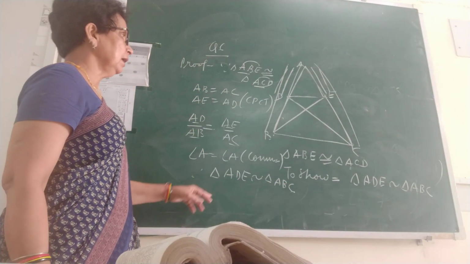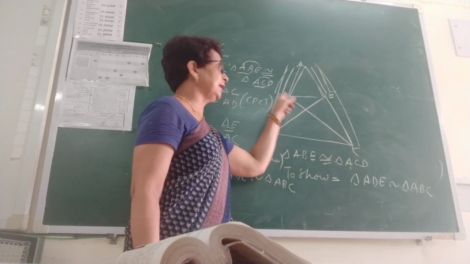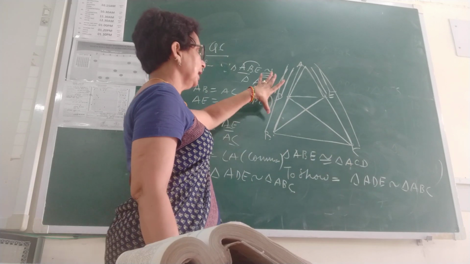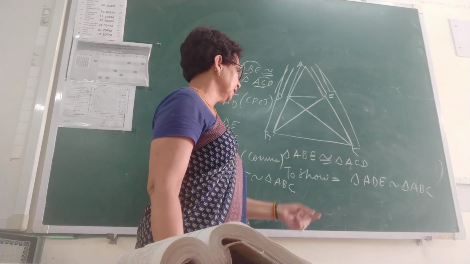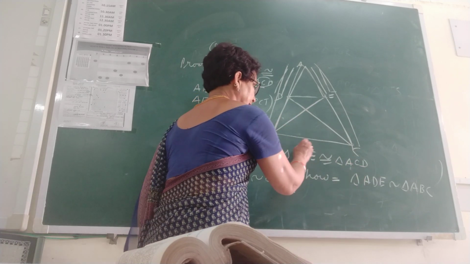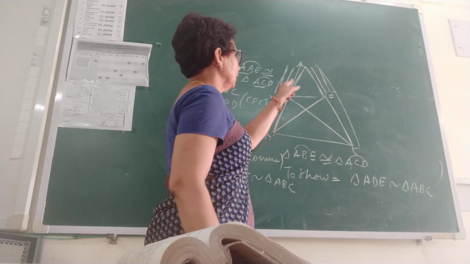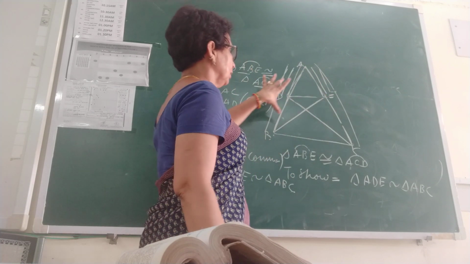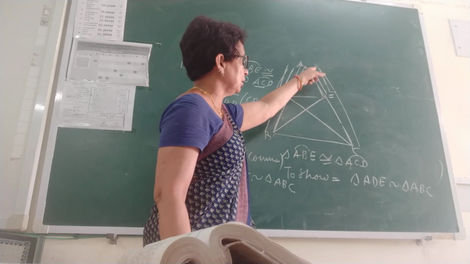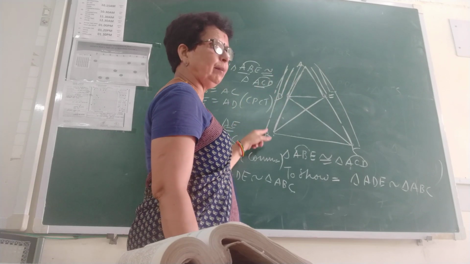Let's see once again. ABE is congruent to ACD. It means AB is equal to AC, and AE is equal to AD. So if this side is equal to this side, therefore their ratio will be equal. So AE upon AC will be equal to AD upon AB.